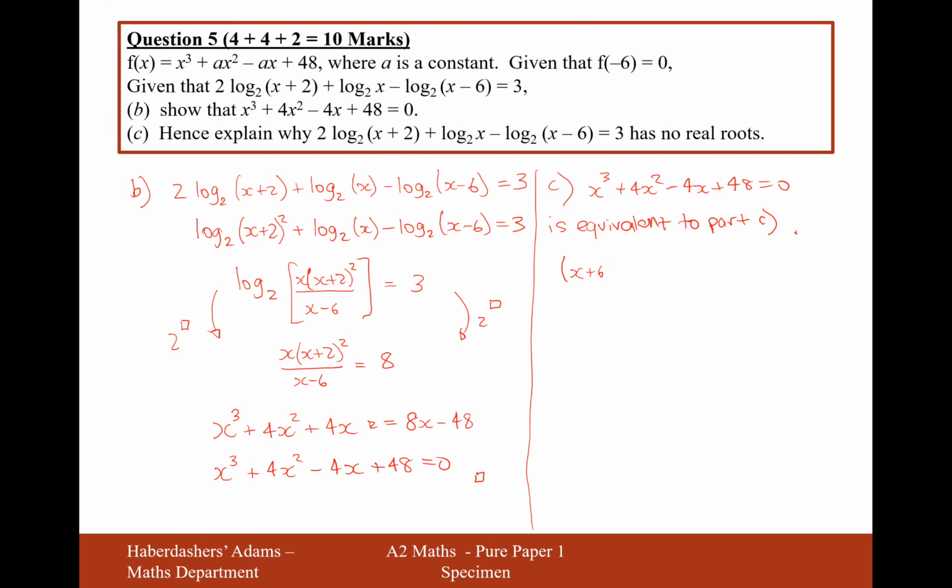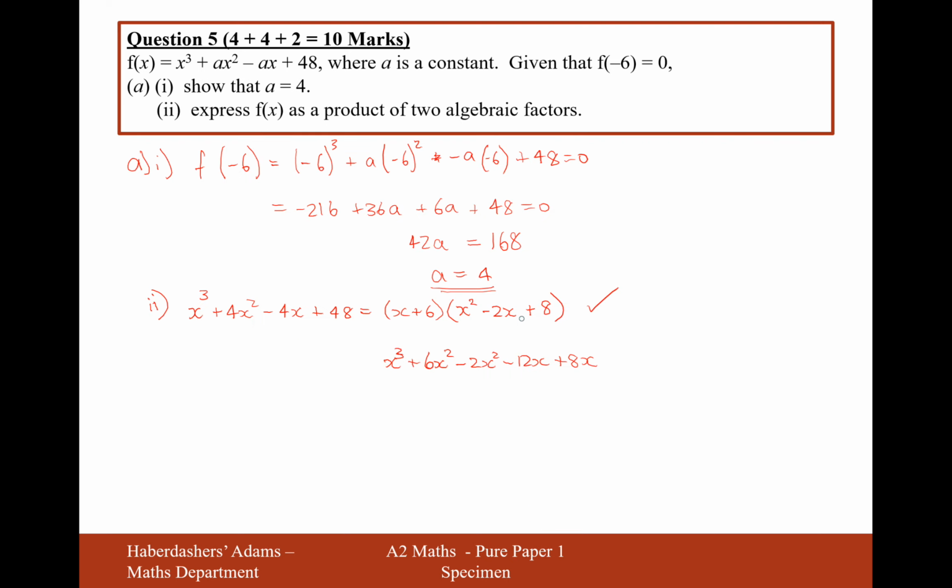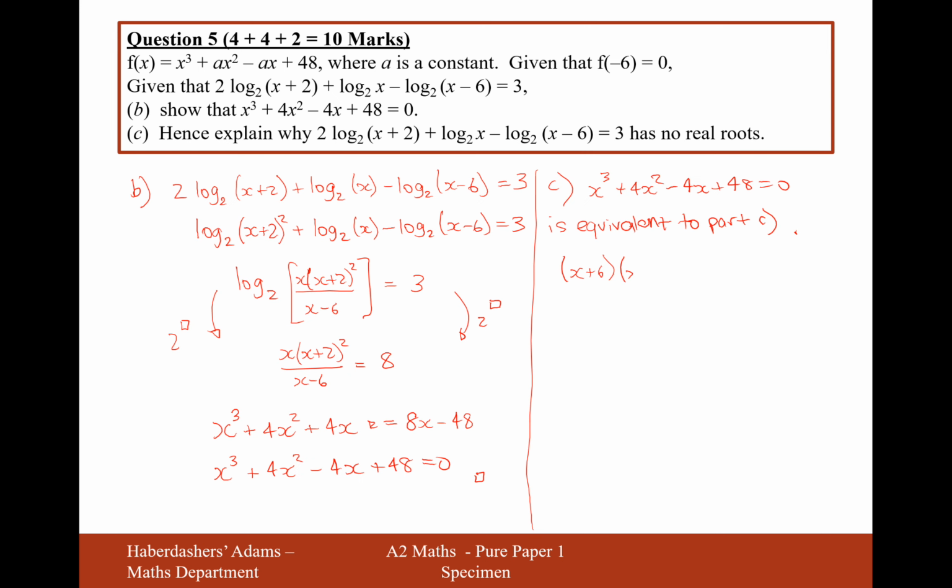It's x plus 6 times x squared minus 2x plus 8 equals 0. So either we have x equals minus 6, or, well, this bracket here doesn't have any roots because b squared minus 4ac is less than 0, so no real roots appear here.